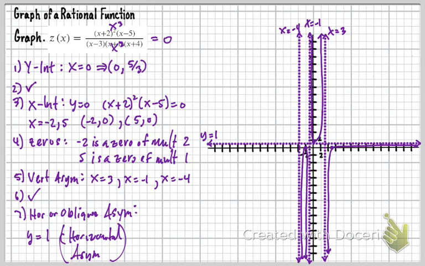But negative 5 now. So negative 5 plus 2 squared, negative 5 minus 5 over negative 5 minus 3, negative 5, what is that? Plus 1, and then negative 5 plus 4. And this here is going to be 3, so that's going to be 9, and that's going to be times negative 10.